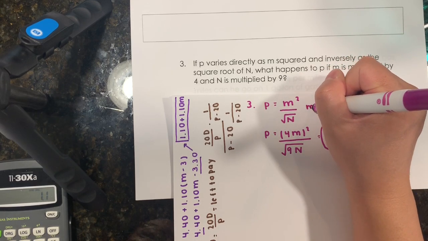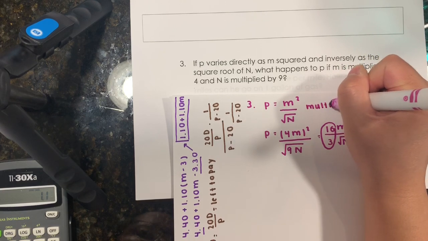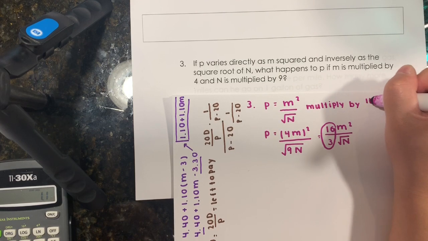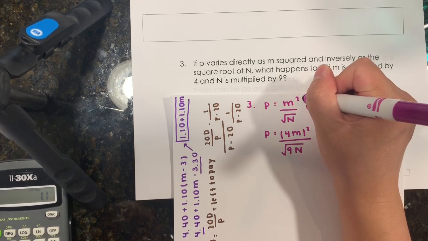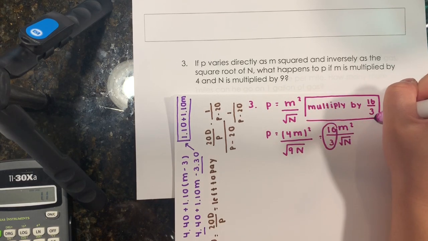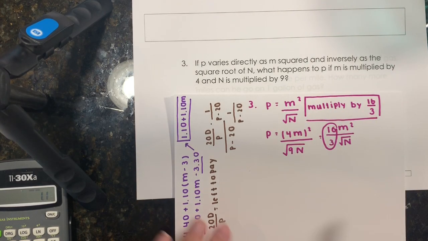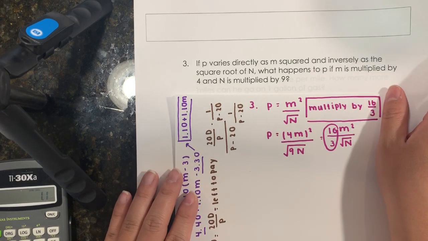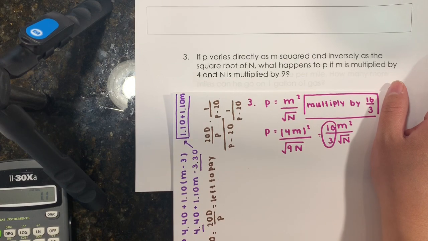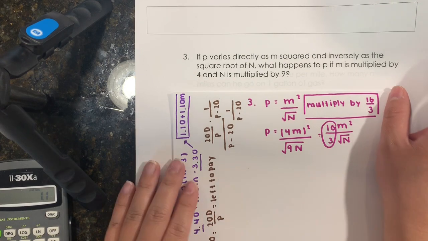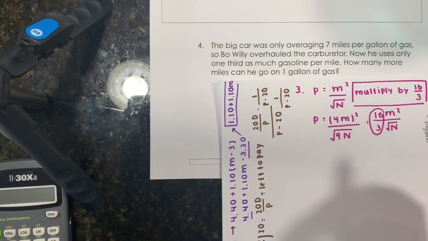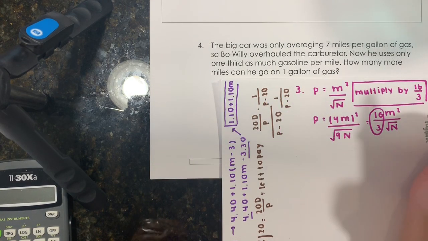It needs to be multiplied by 16 over 3. And that's it for number 3. So you write out the original equation and then you alter it and then just see whatever you ended up doing to the right on the simplified version, you'd have to end up doing to the left, and that just becomes your answer.